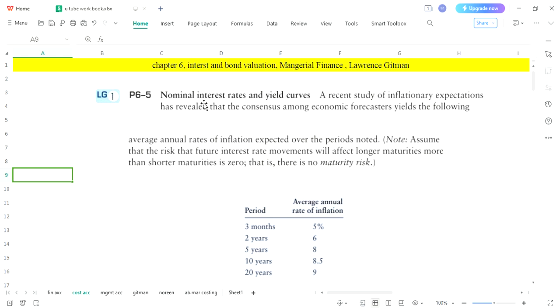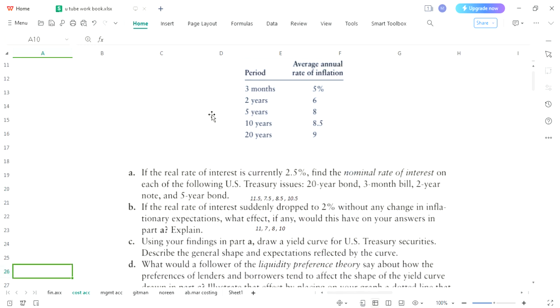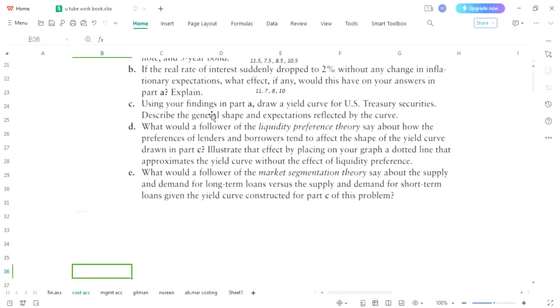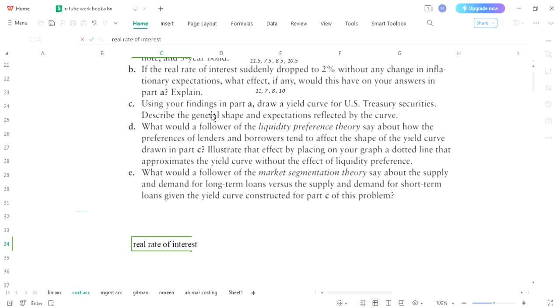Look, the heading says nominal rate of interest and yield curves. Obviously, we will be making graphs, but first let's see what this nominal rate of interest is. It is what you get from any investment organization, but it is associated with the real rate of interest.